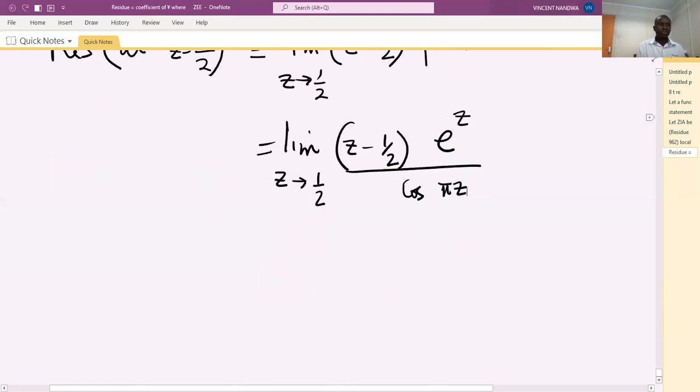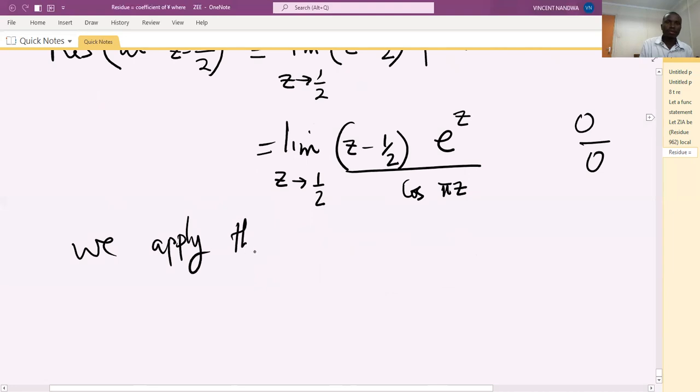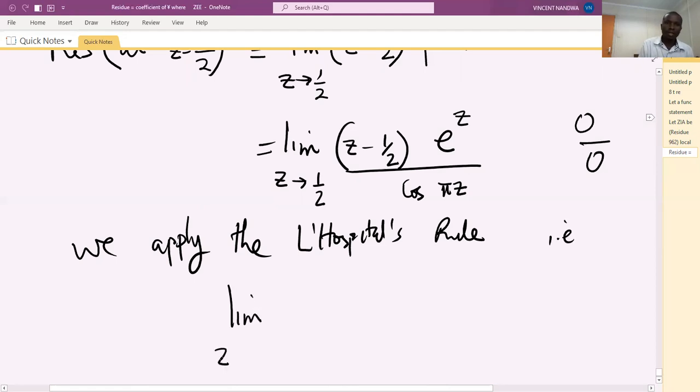Now, if you try to use direct substitution, the numerator will be 0, and the denominator will also be 0. So then we apply L'Hospital's rule to work out this limit. L'Hospital's rule requires us to differentiate the numerator separately and then the denominator separately. So we'll have the limit as z approaches a half.